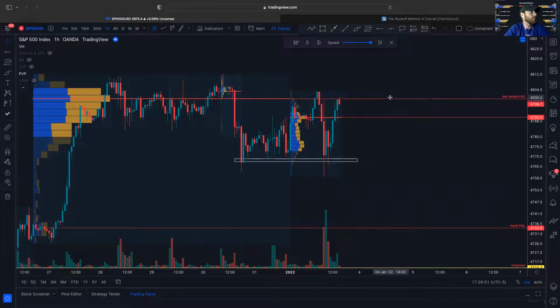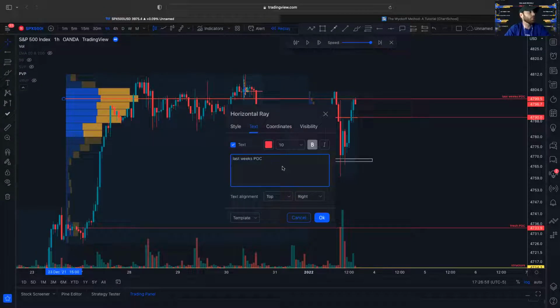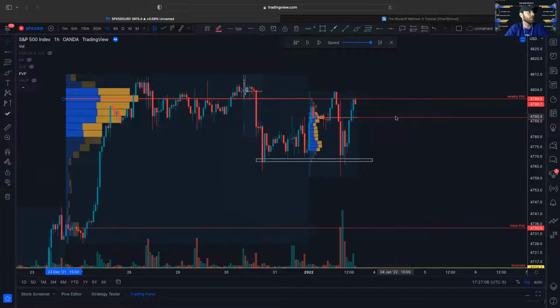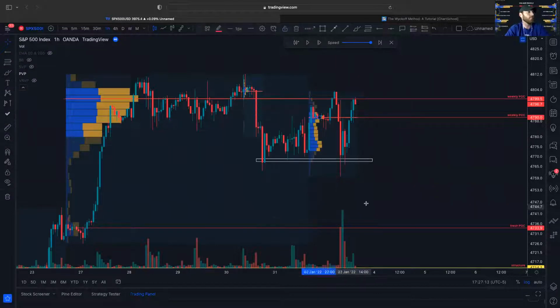So instead of putting, sorry, I said monthly, but I meant weekly. Weekly POC here. And this is another weekly POC. So we already saw once how it reacted off of a weekly point of control.